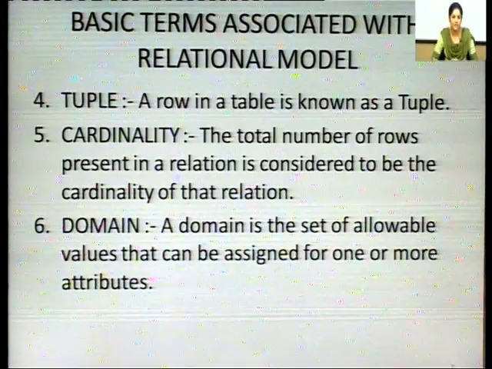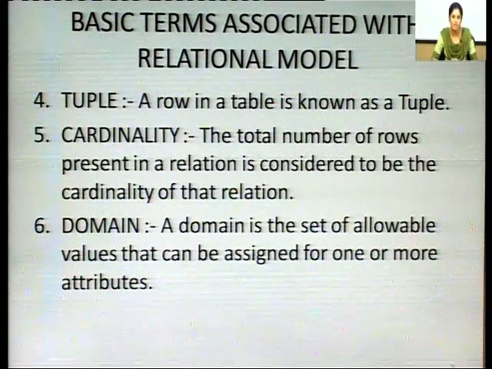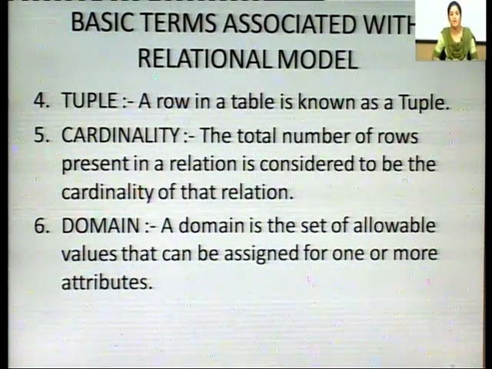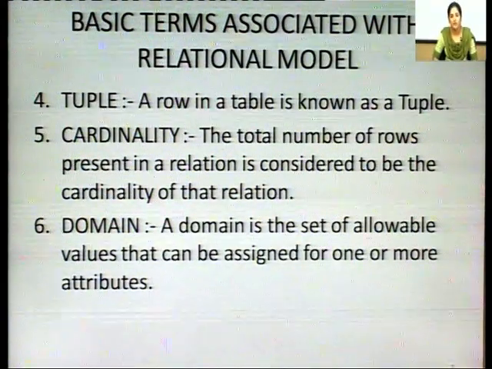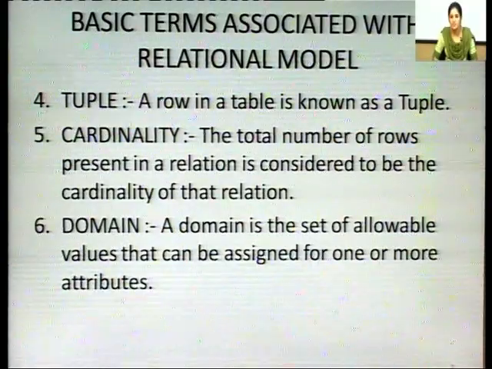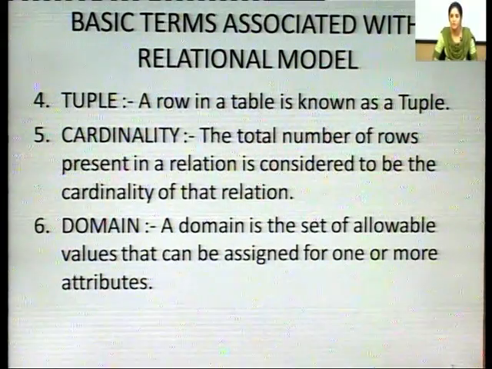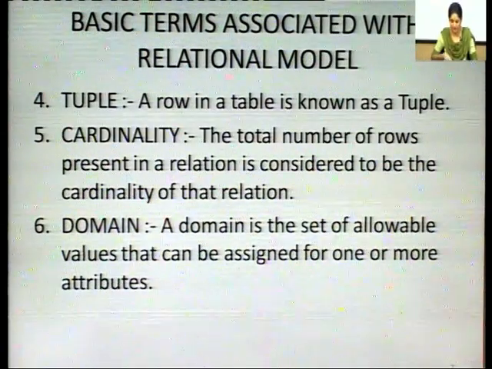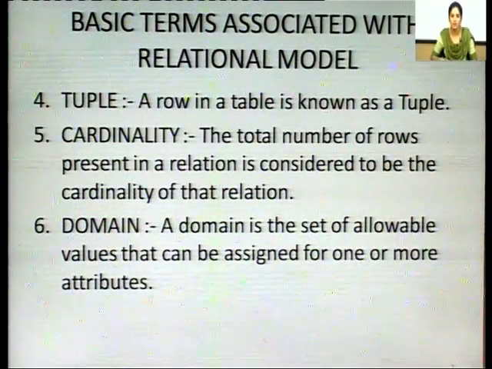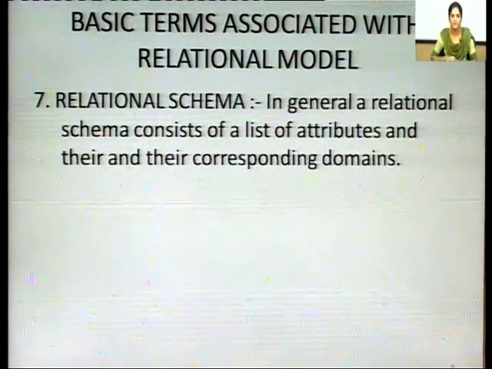If someone enters 150 as age, it is illogical, so the relational database management system defines a set of allowable values which can be entered in a particular attribute or one or more attributes at a time. This is known as domain, the set of allowable values simply.